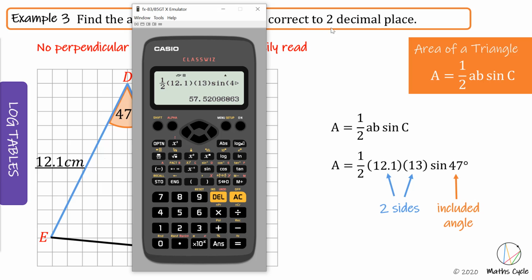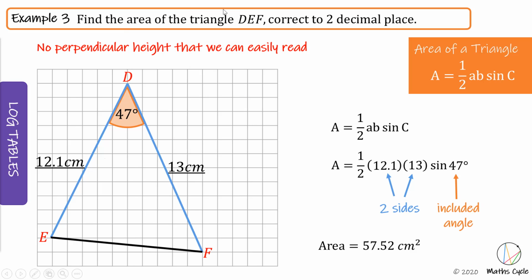Check your question, it asks for the area correct to two decimal places, so we will take 57.52. Okay, so the area then is 57.52 centimeters squared.